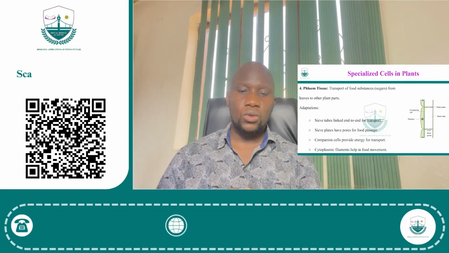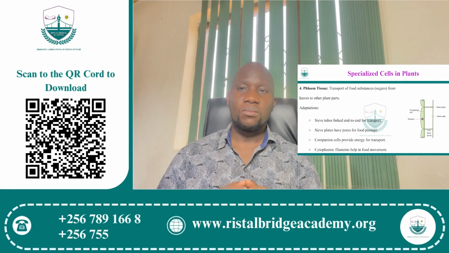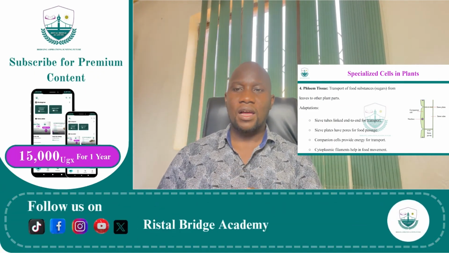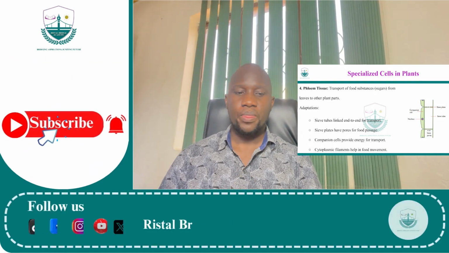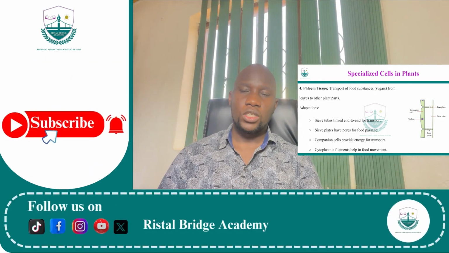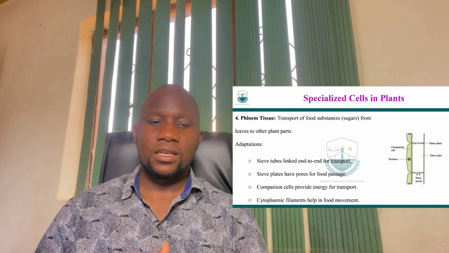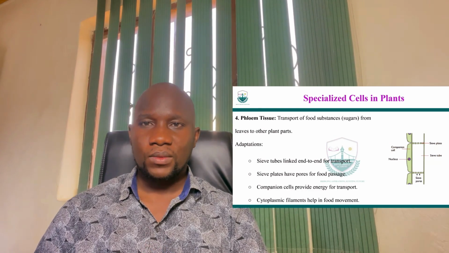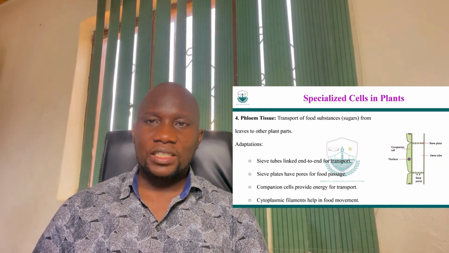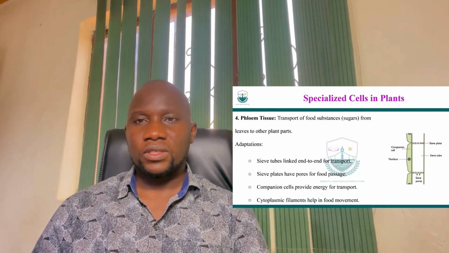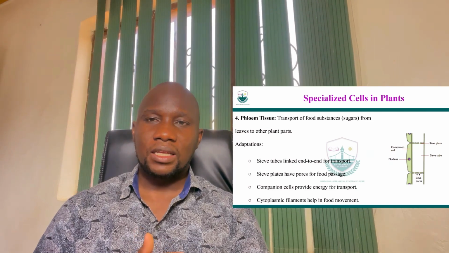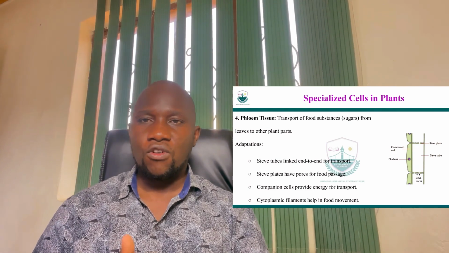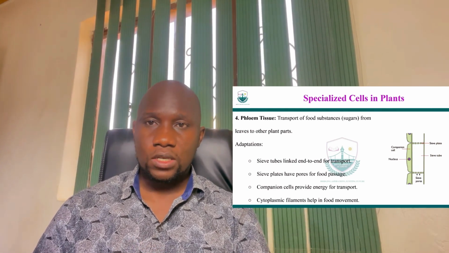Now we look at what we call the phloem tissue or the phloem cells. These are responsible for transportation of organic compounds such as sucrose. That is a complicated word, right? But we can say that the phloem is responsible for transport of food.